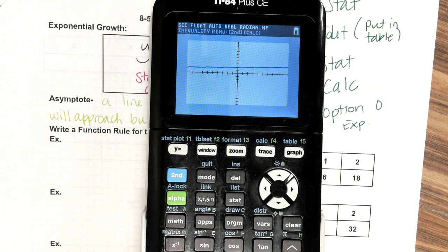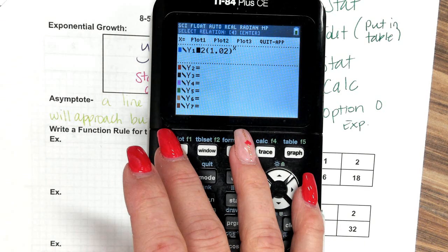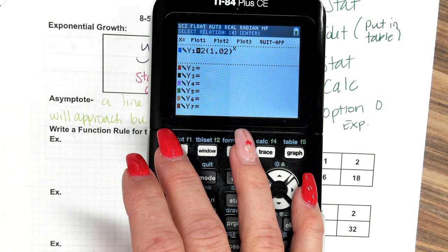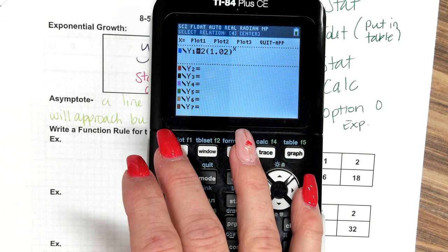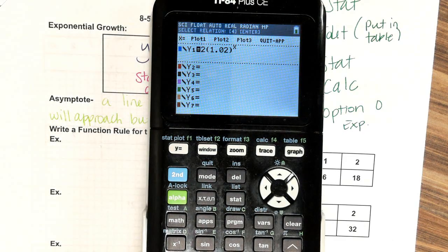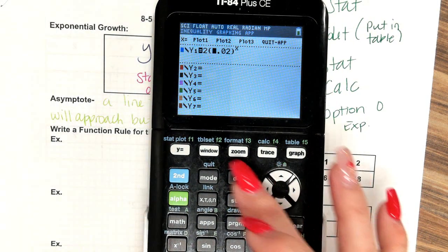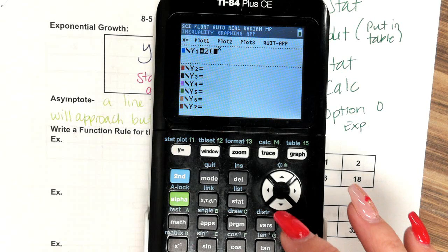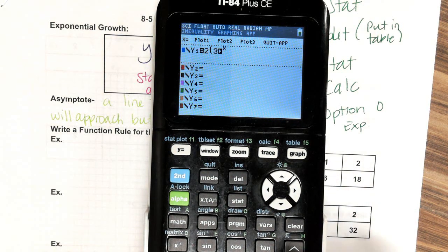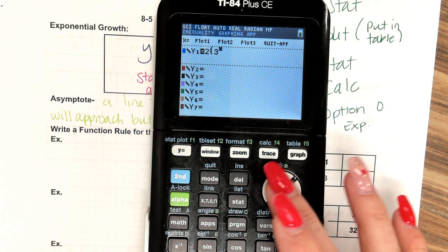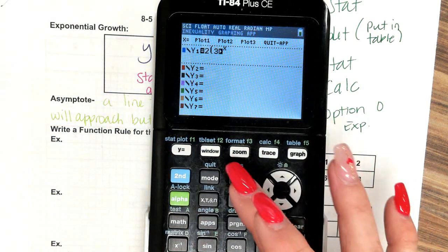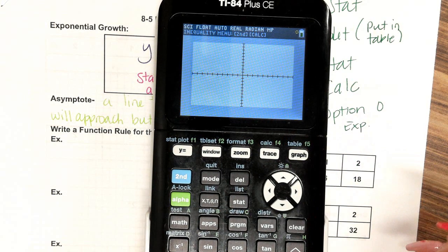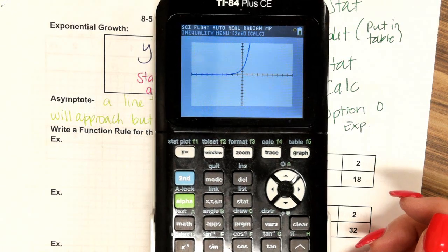Why does it look like that? Did I do something wrong? Let me try a different one. There we go. I changed it just so y'all can see.